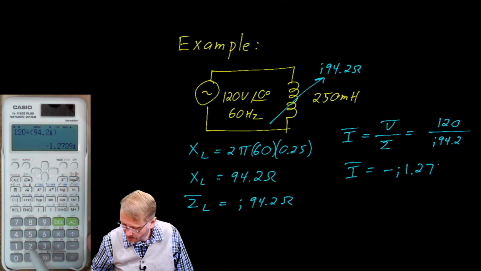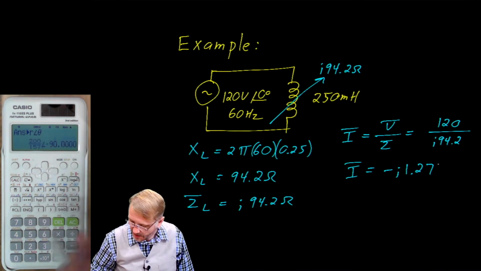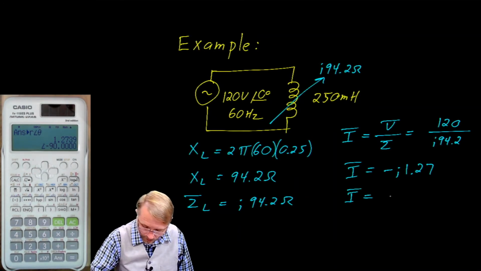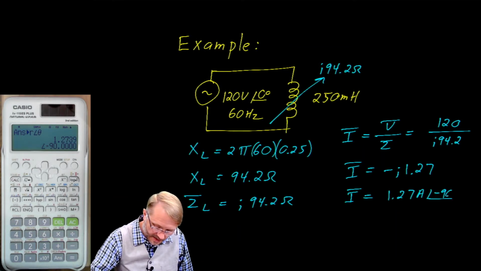So that current is 1.27 amps at a phase angle of negative 90 degrees.